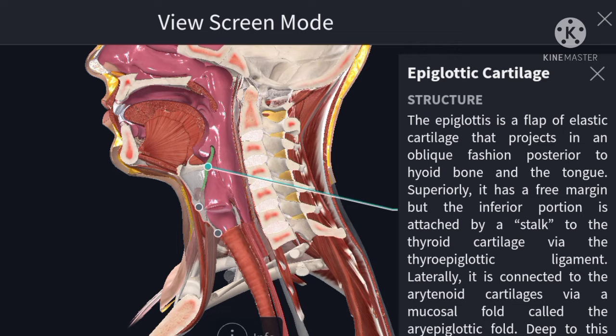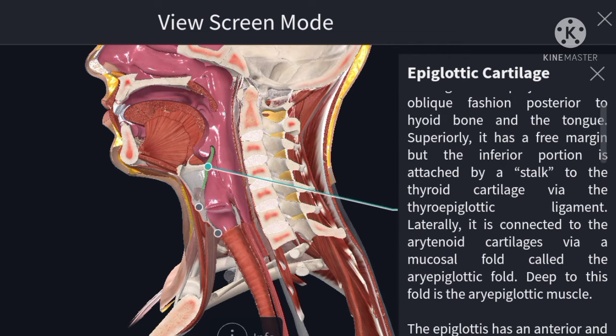Superiorly it has a free margin, but the inferior portion is attached to the stalk of the thyroid cartilage via the thyroepiglottic ligament. Laterally, it is connected to the arytenoid cartilage via the mucosal fold called the aryepiglottic fold. Deep to this fold is the aryepiglottic muscle.